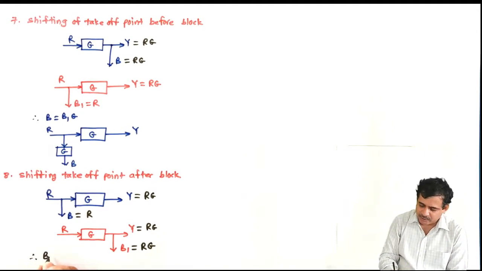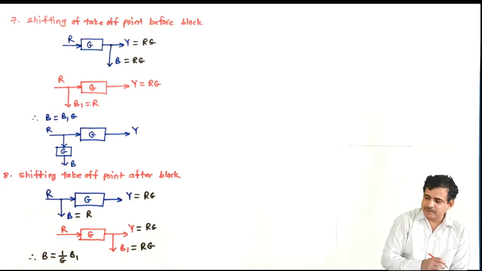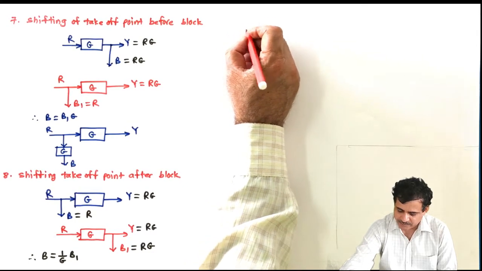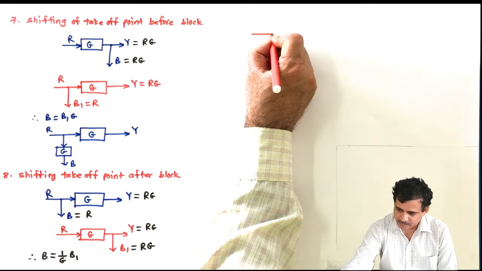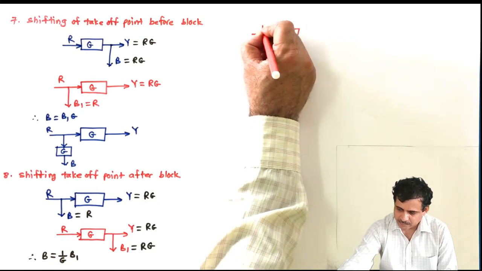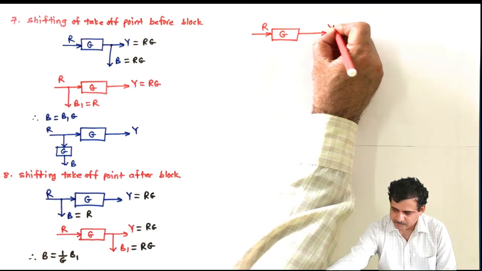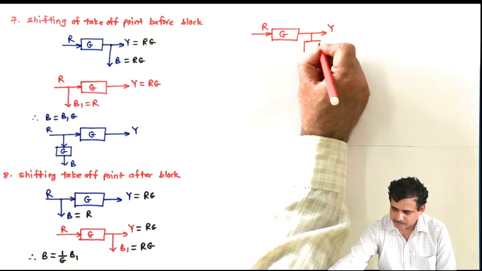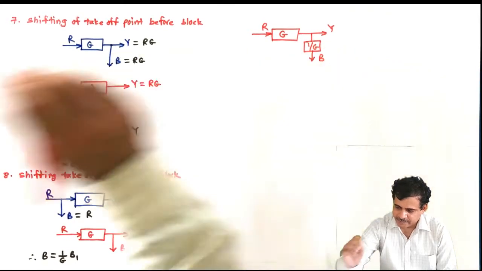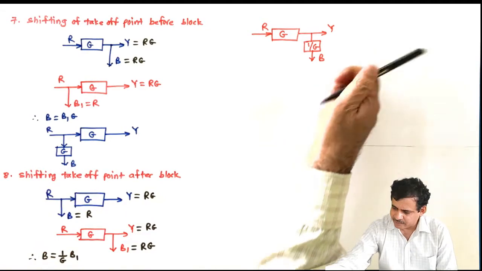So B is equal to B1 by G. And that is why we have to make a change, then it is B. And here you can see what is Y?